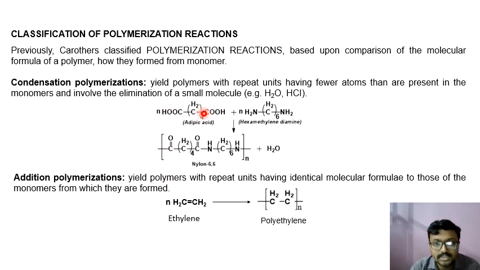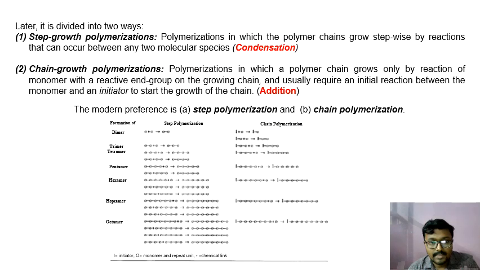But in condensation polymer, since a water molecule is eliminated, the number of atoms present in the repeating unit is less than the number of atoms present in the starting monomer molecule. So this is the difference between condensation polymer and addition polymer.